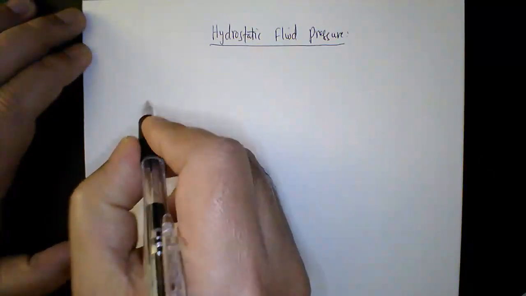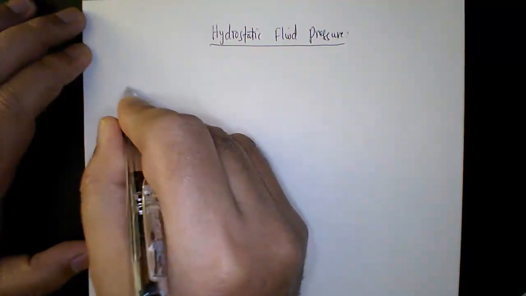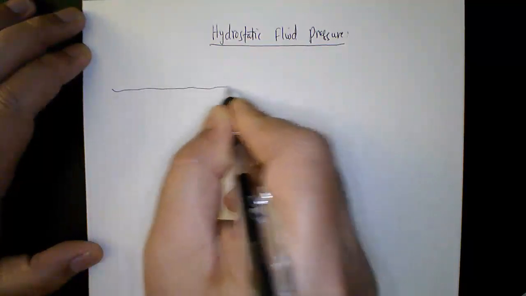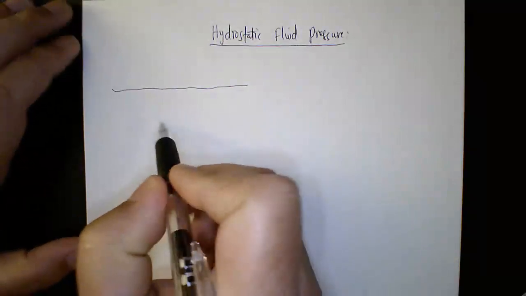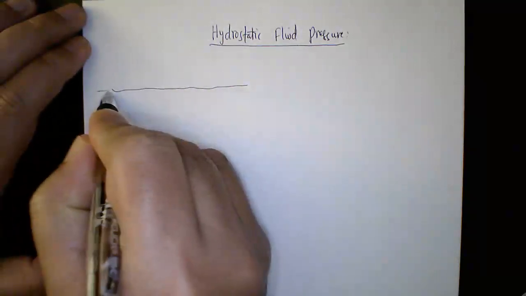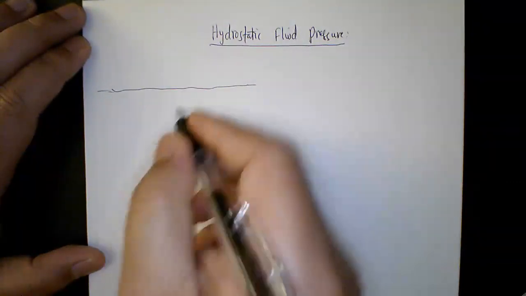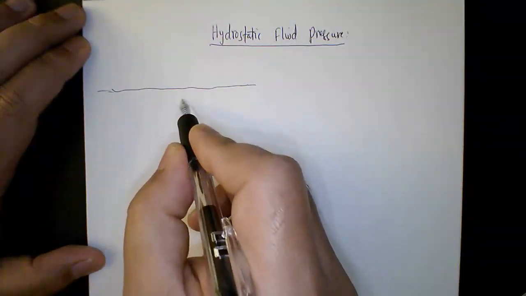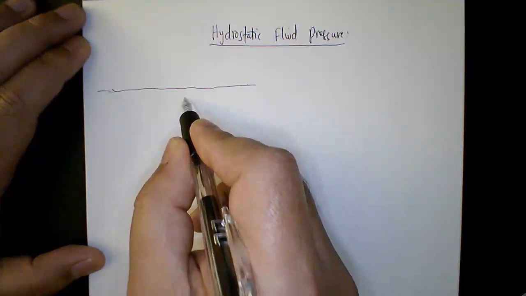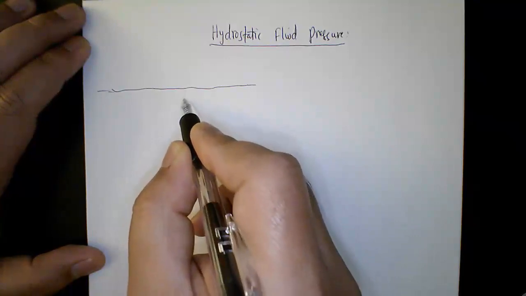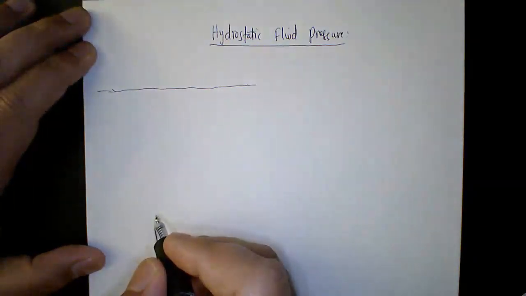Basically, here's the situation. Let's say you have some pool or lake or ocean. We'd like to know how the water pressure, or fluid pressure, changes with depth. That's what we want to know.